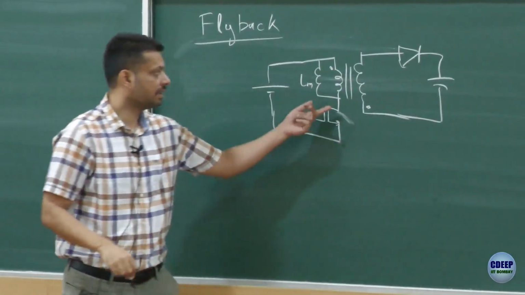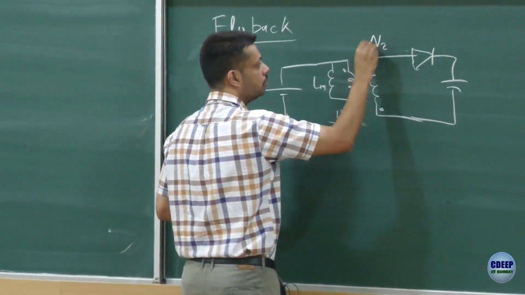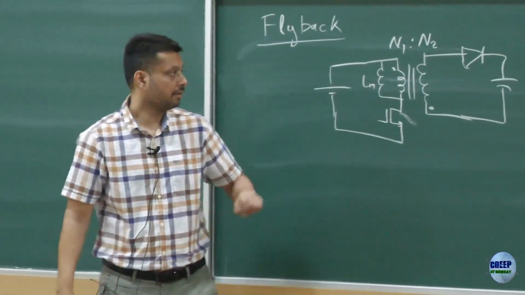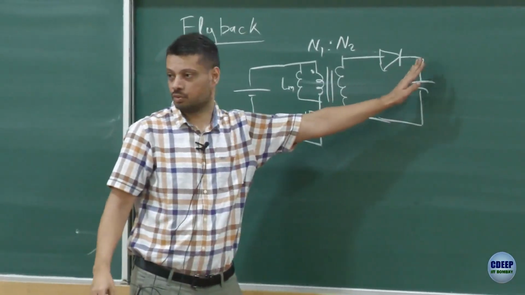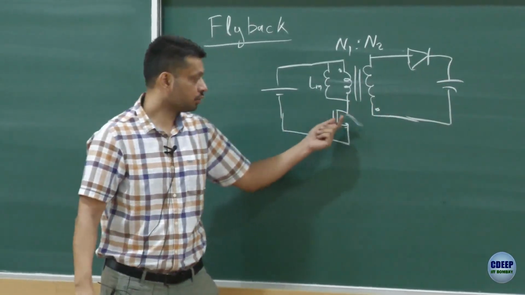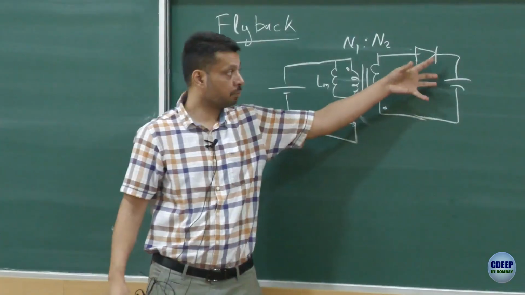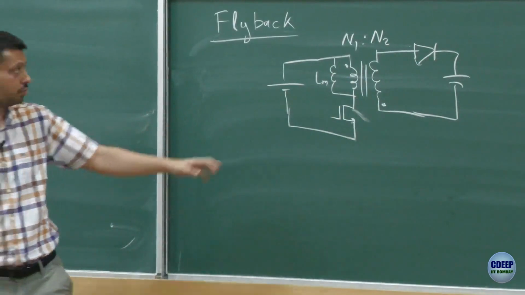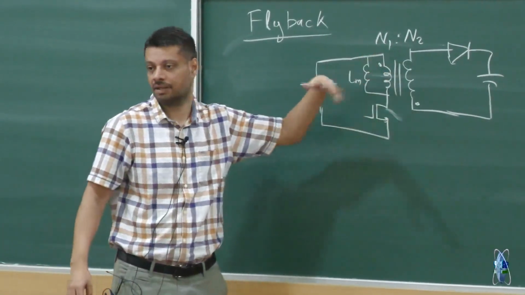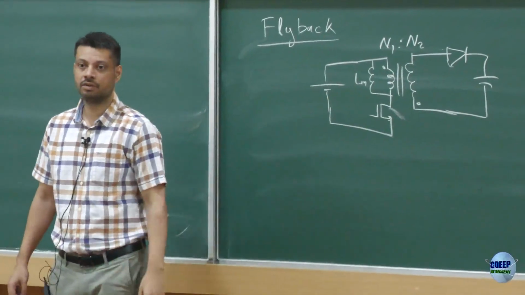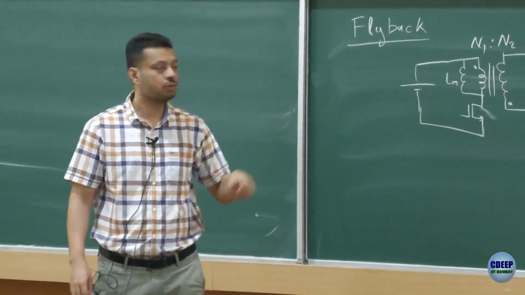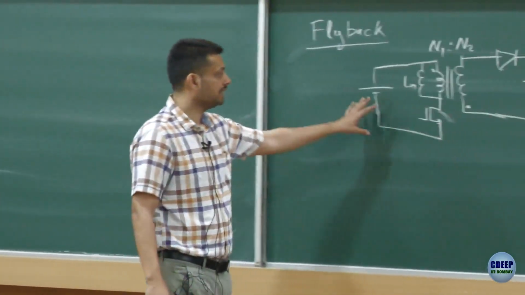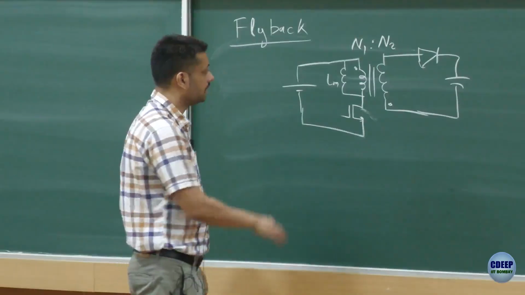So if you see this circuit, if you choose the turns ratio N2 very large, and hypothetically even if you don't use this capacitor, you turn the switch on, then when you turn it off, on this output side you would have a very large voltage appearing, if you choose the turns ratio N2 to be very large compared to N1. We will of course derive the expression also now. And I think this was used to create a very high voltage pulse at the output. That was some of the initial applications of this.